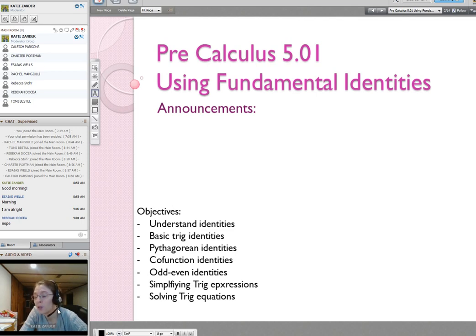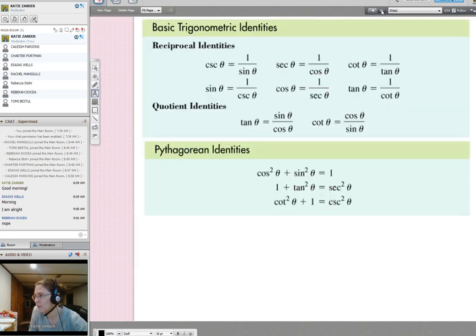In order to do proofs, though, we need some identities to help us along the way so that we can simplify, hopefully, the process here. So there are a lot of notes that you're going to want to take down, and I don't know if you'll necessarily want to handwrite all of these. If we were in a traditional brick and mortar setting, like we were all together in a classroom, this would be something that I would have printed and hanging on the wall for you to look at all the time. So anytime you wanted, you could glance over and you would see this on the wall in the classroom.